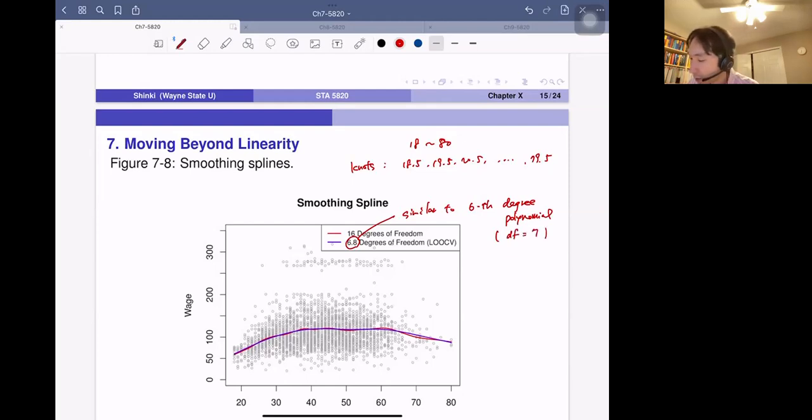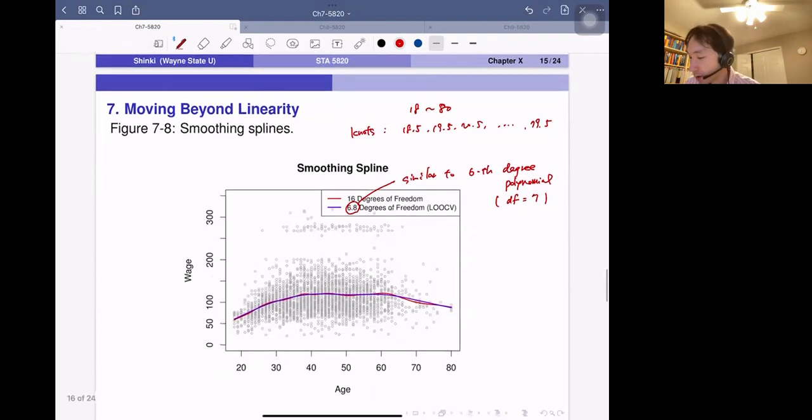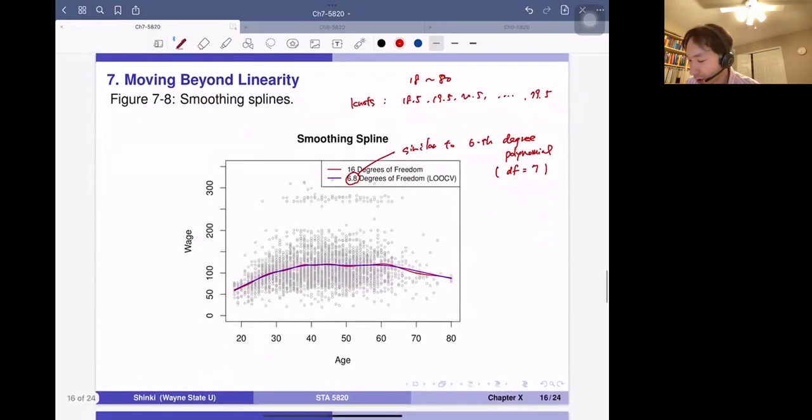So the complexity is about the same as the 6-degree polynomial. If we choose a smaller lambda, then a more complicated model will be chosen.